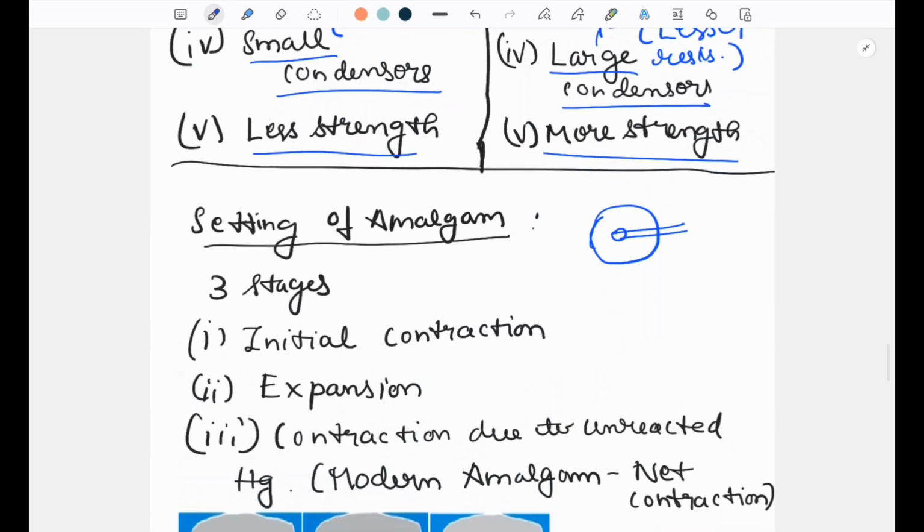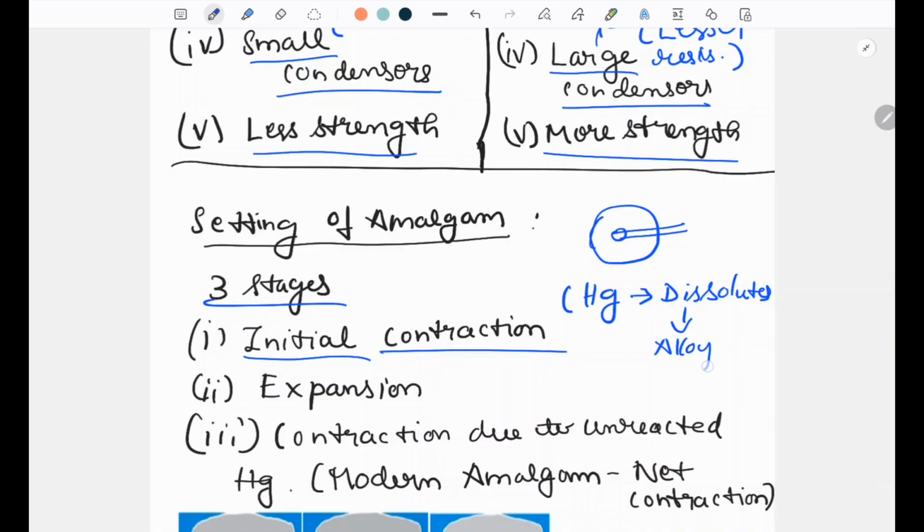During the setting of amalgam, the amalgam undergoes three stages. First, initial contraction: when the amalgam is mixed and condensed, the mercury dissolves the alloy, so the alloy gets diluted in the mercury.